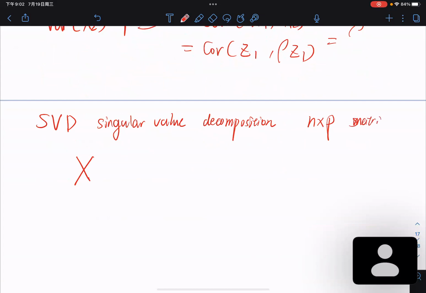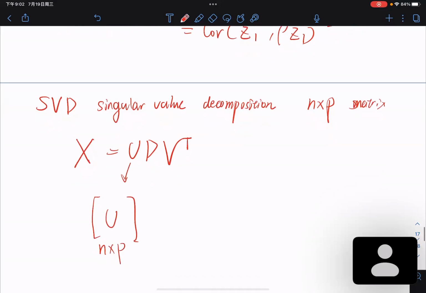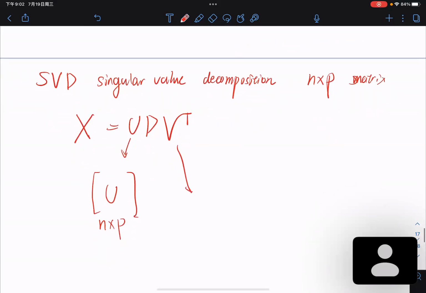Okay, this time it's not N multiplied by N. And X can be separated as U, D, V transpose, where this U is N multiplied by P, and V is P multiplied by P. And these two are orthogonal, okay?